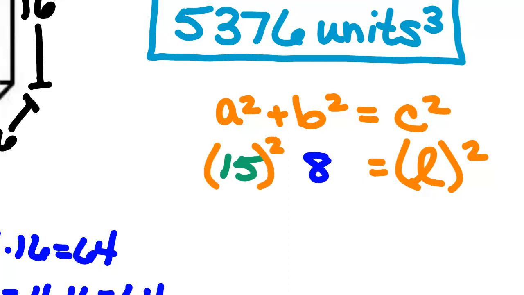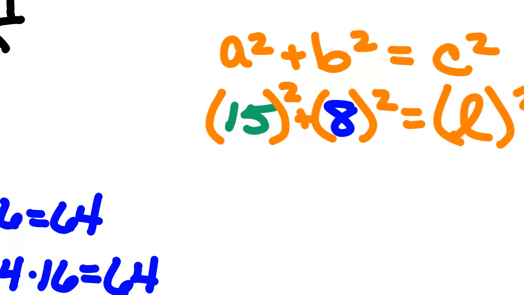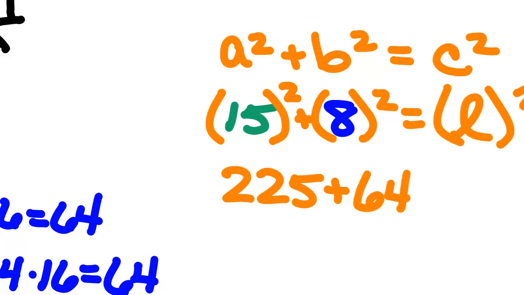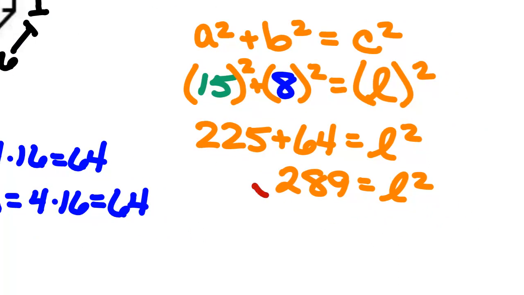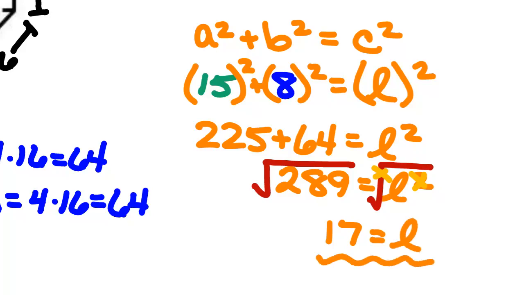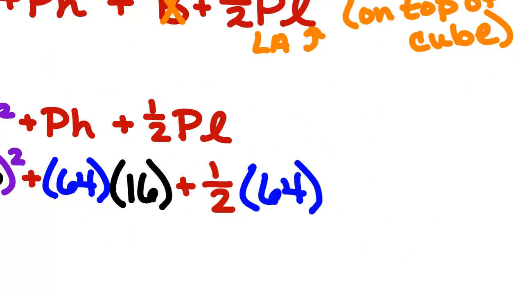We're going to take them both and square them. What is 15 squared? 225. And 8 squared? 64. So 225 plus 64, which is 289, equals my slant height squared. Then we're going to square root both sides. 17. We get a nice whole number there for our slant height. Doesn't happen very often, but it's nice when it does. So there's my slant height.